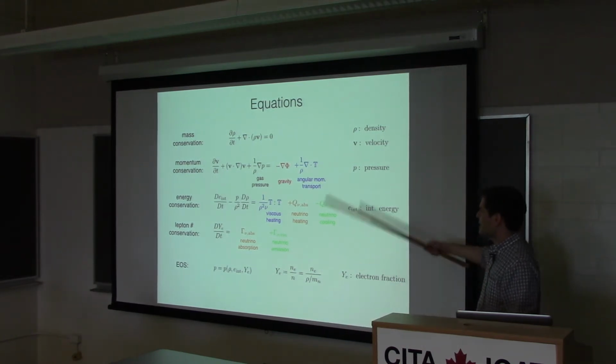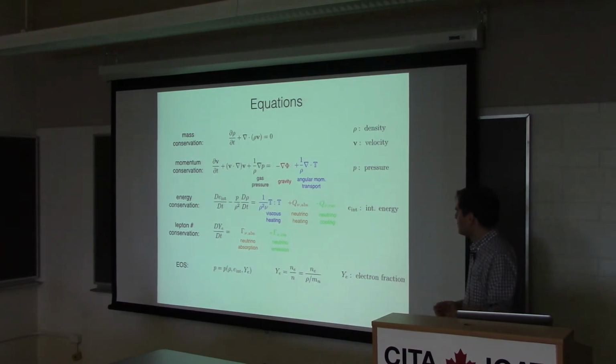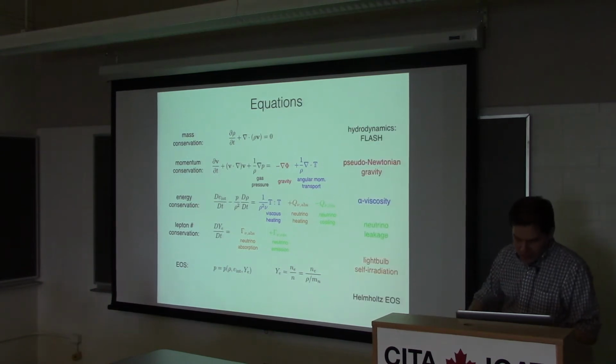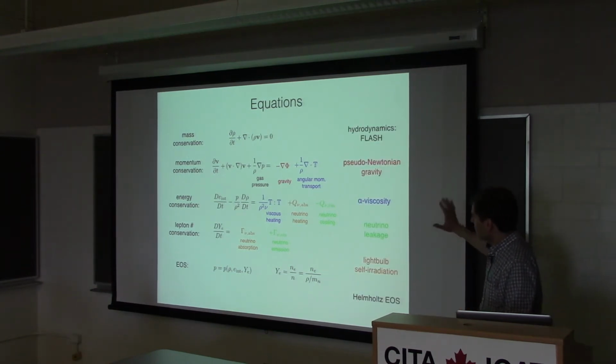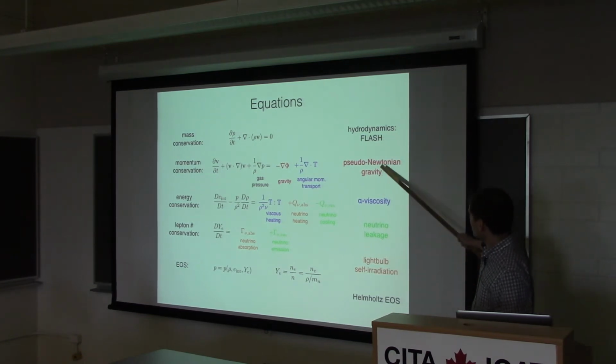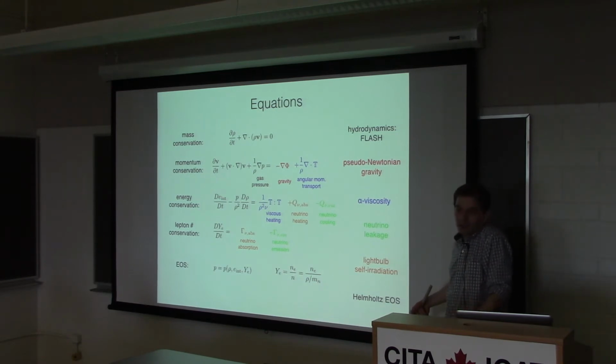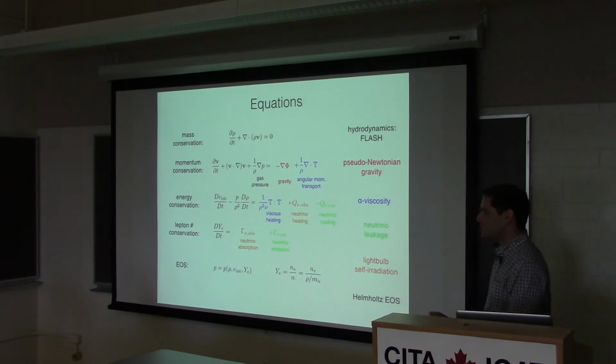One can always write this in GR. So the minimal model, so to speak, is using a pseudo-Newtonian potential, which is just like your GM over R that you know, but with a few added terms that give you an ISCO and accretion onto a black hole, and alpha viscosity.